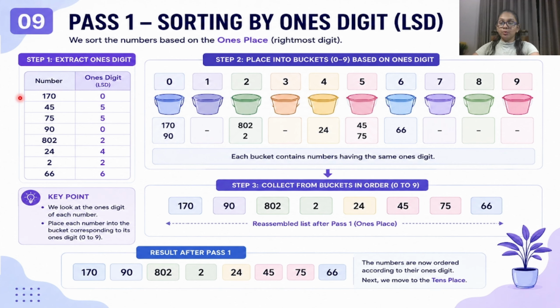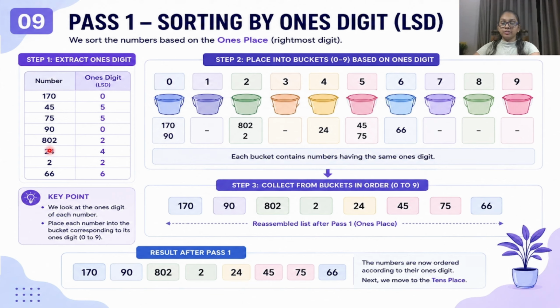First, we have 170. The last digit is 0. So 170 goes into bucket 0. Next, 45. The last digit is 5. So 45 goes into bucket 5. Next, 75. It also ends in 5, so 75 also goes into bucket 5. Next, 90. The last digit is 0. So 90 goes into bucket 0.